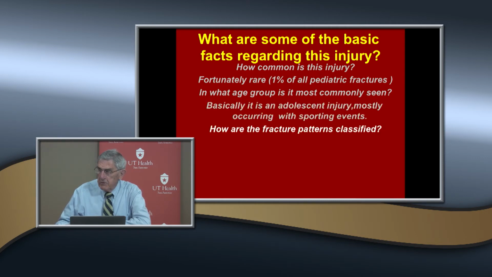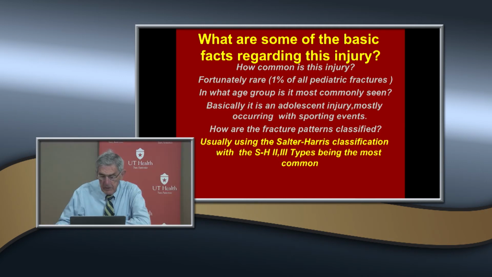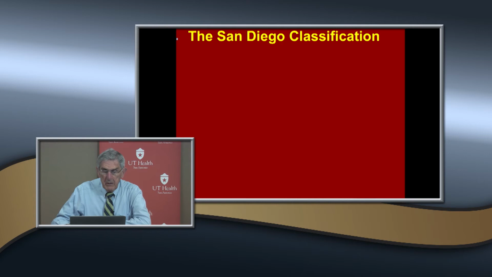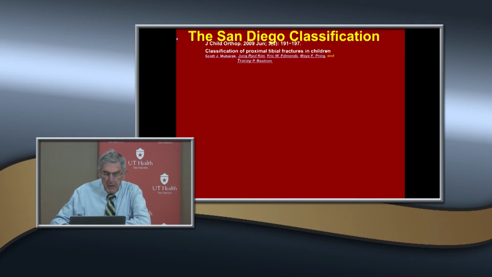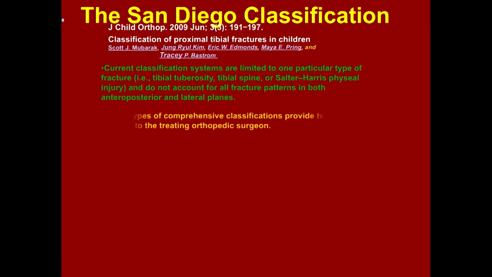Now, how are the fracture patterns classified? Well, they usually use the Salter-Harris classification, with Salter-Harris 2 and 3. But the people in San Diego wrote a report in the Journal of Children's Orthopaedics in 2009, and they say the real problem is that the current classification treats it as just one particular type of fracture, tibial tuberosity, spine, or Salter-Harris physeal injury, and doesn't account for the fracture patterns in the anterior and posterior plane.